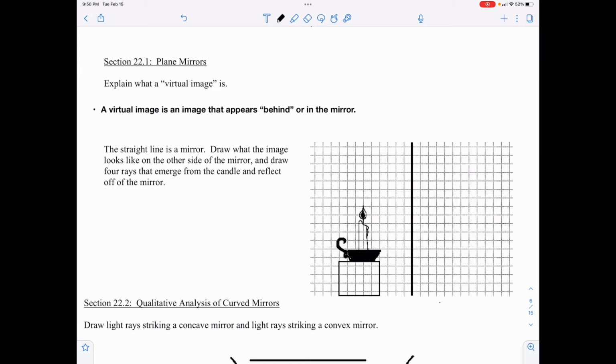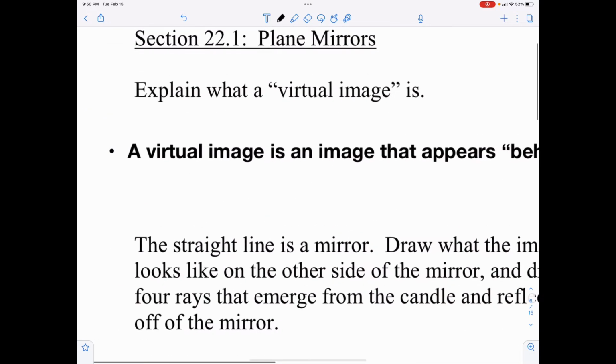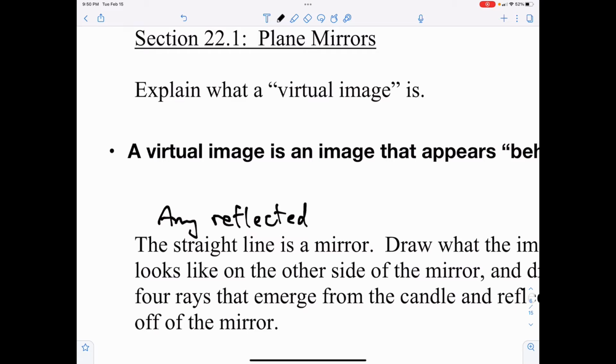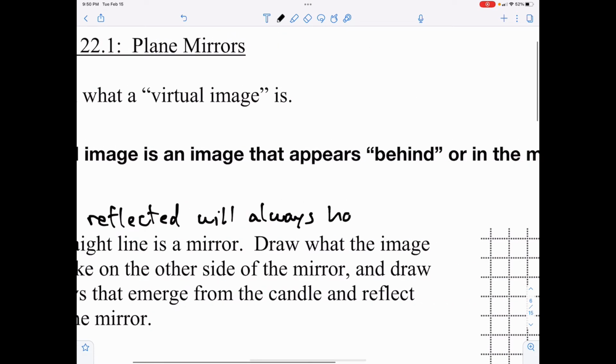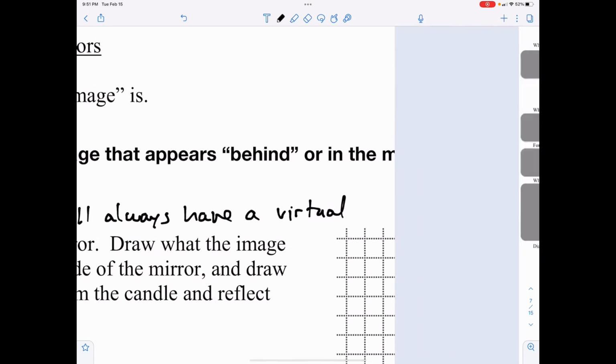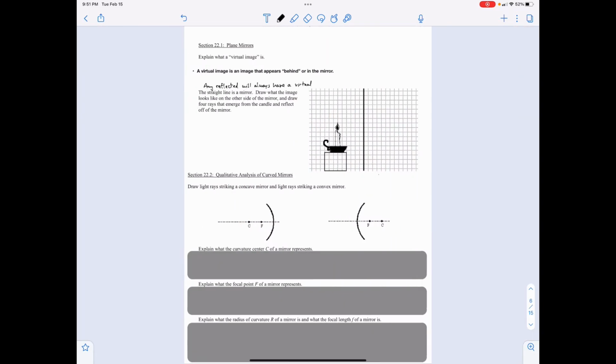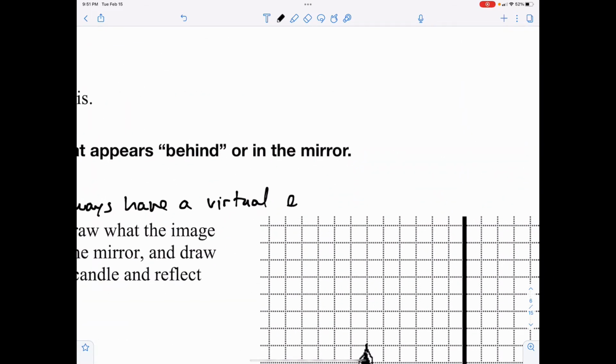Now, please remember, this is our general rule of thumb, write this down: any reflected ray will always have a virtual extension in the mirror.